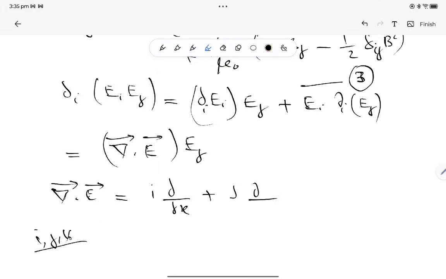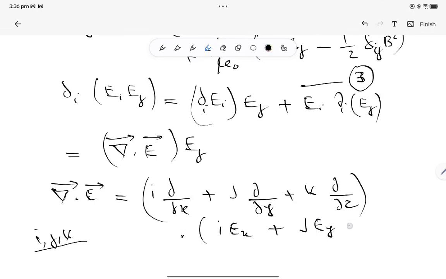Since I am not going to use this permanently, there will be no confusion at all. We will rub it off just after we complete it, but it will make our understanding easier. Dot E_x i plus E_y j plus E_z k.